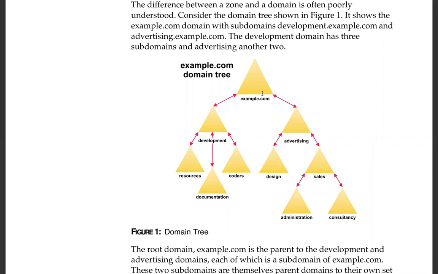This particular one is their main domain. Do you get it? Every organization has a main domain, and under the domain, it has subdomains. This makes it the domain structure.